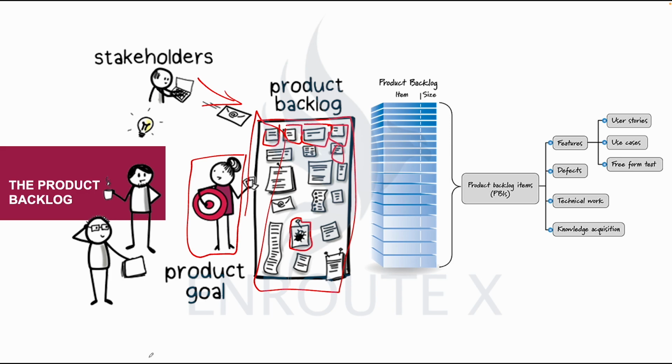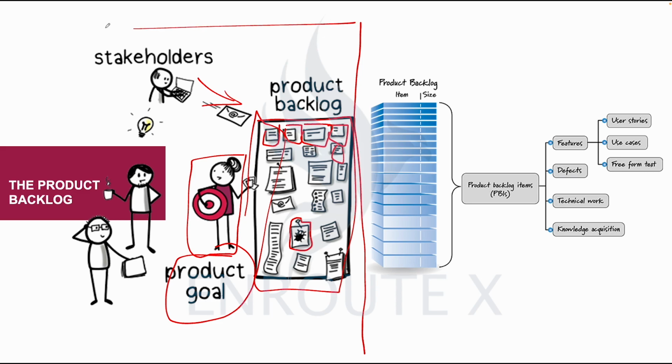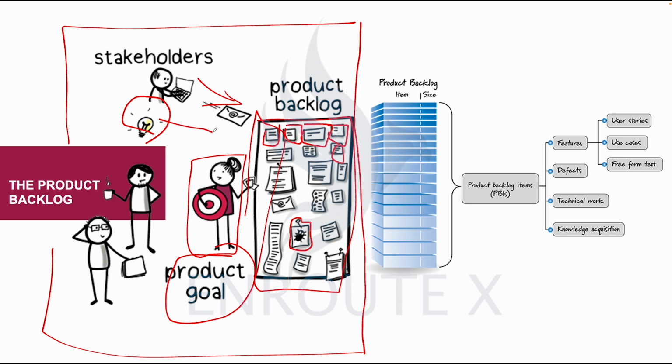And we could see from this diagram that there is always a product goal. Mind you, these are two separate pictures, right? This is one, and this is the other. So from this one, we could see different stakeholders. There is a new idea that popped up here, and it's been sent down as a requirement, right?